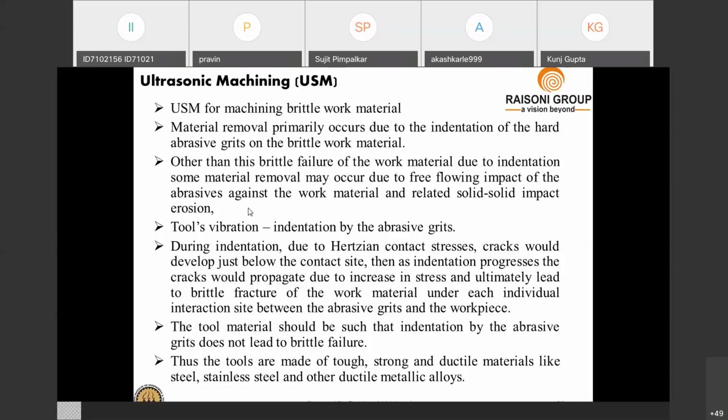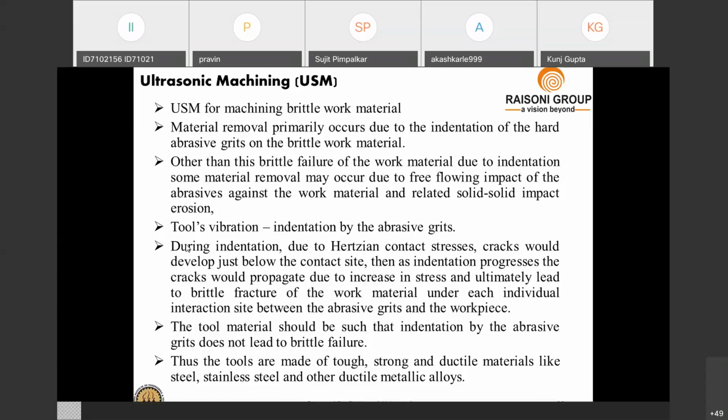So here you can see that we are providing vibration on the tool. The tool material should be hard enough that the indentation by the abrasive grit does not lead to brittle failure of your tool material. So we should keep in mind that when we select the tool material, it should be hard enough and strong enough that the indentation of the abrasive grit does not lead to brittle failure of your tool.